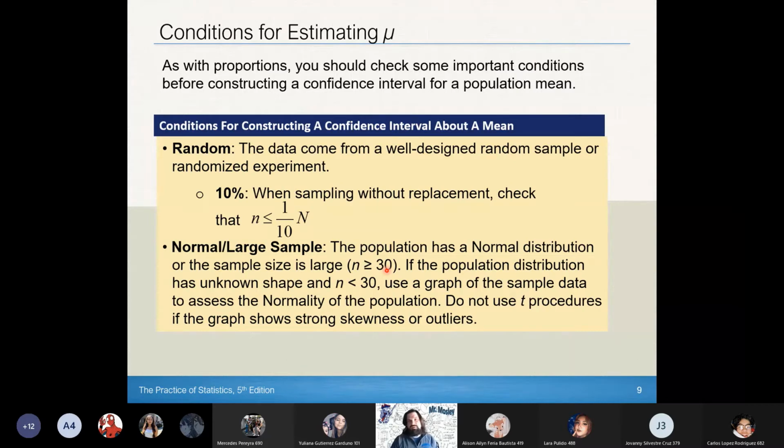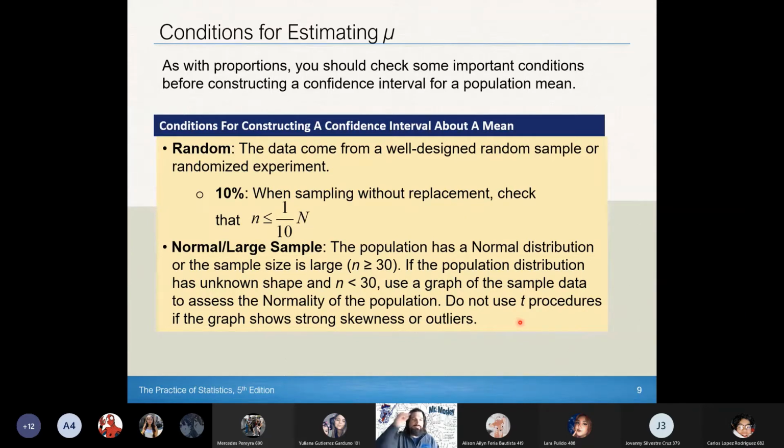We don't have to worry about it being large enough. If we don't know if the parent population is normal or the parent population might be skewed, then we need to make sure that the sample size is large enough. If the population distribution has unknown shape and n is less than 30, use a graph of the sample data to assess the normality of the population. Do not use T procedures if the graph shows strong skewness or outliers.